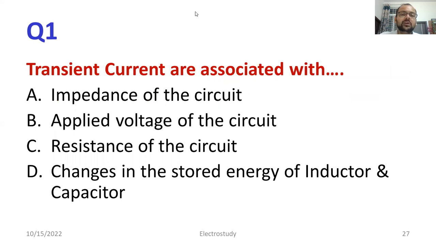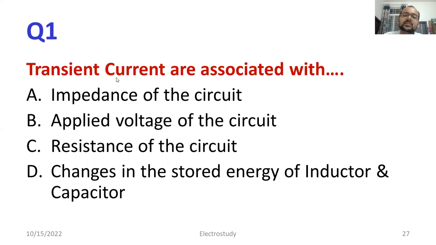Yes. Moving on to the discussion. The first question: the transient currents are associated with what? Can you find out the right answer? We have discussed the transient current, that is i(t) at on condition and off condition.